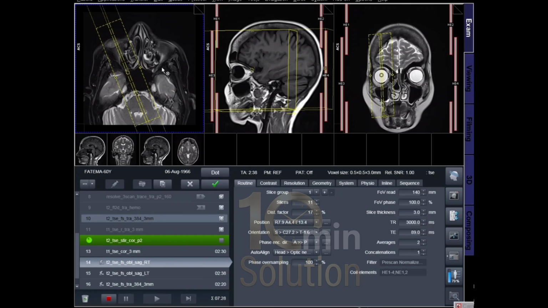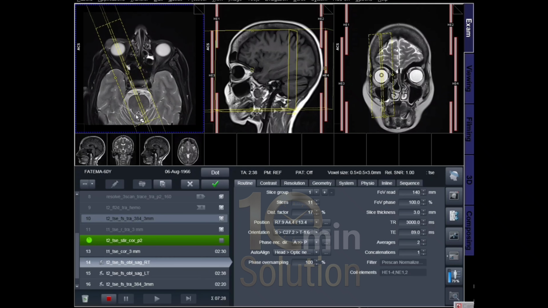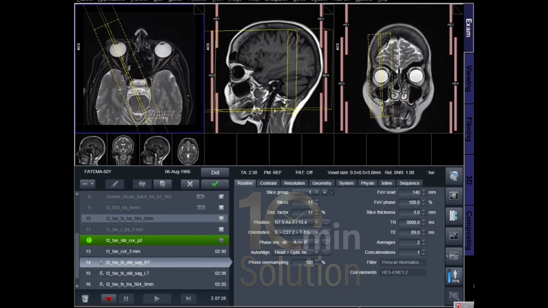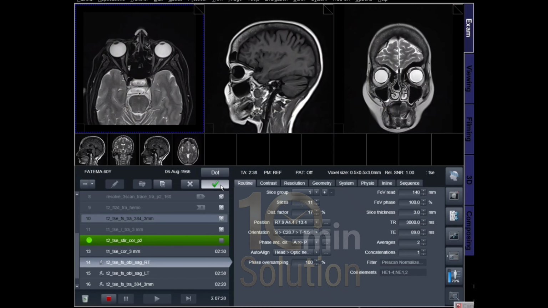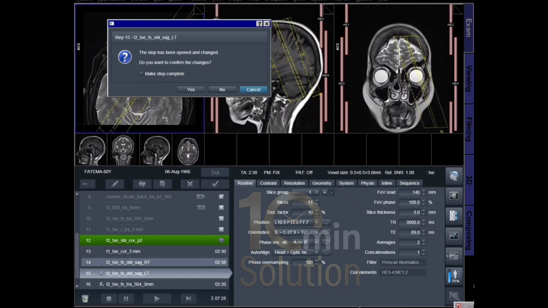Okay, our plan almost done, and now I check the transverse image. Now then apply. Now the next, left orbit, same way, same procedure.